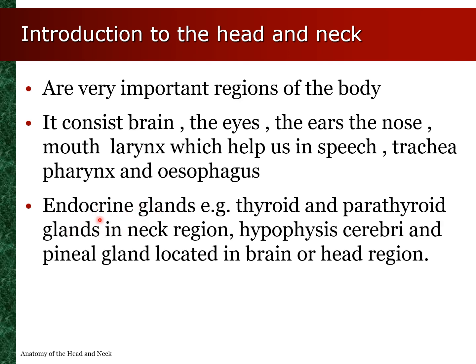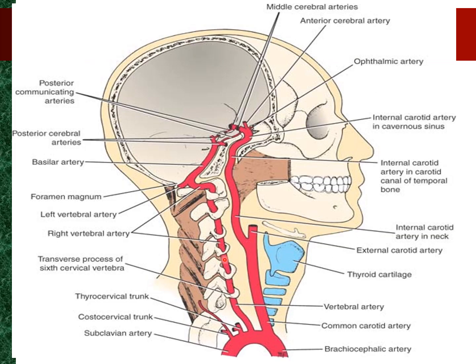The endocrine glands, thyroid and parathyroid, are in the neck, while the hypophysis cerebri and pineal gland are located in the brain. You should remember these throughout your life.